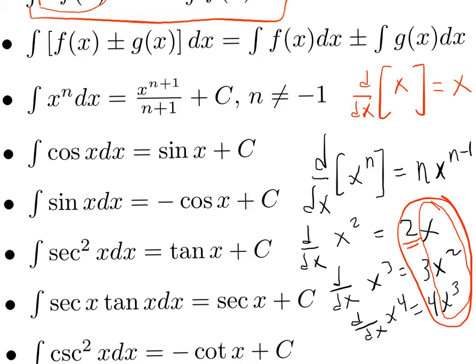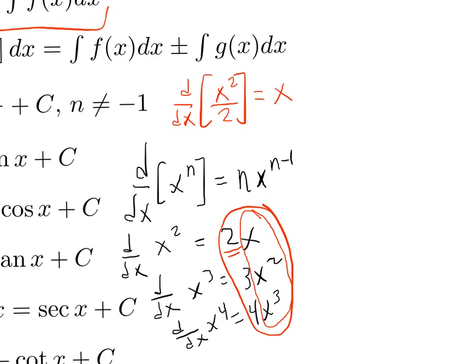We know there's an x squared. What do we do to make sure our derivative doesn't have a 2 in it? We're going to have to divide by 2. Right? Because that's going to give us 2x over 2, which will just be x. Right? Okay. All right. Try it again.